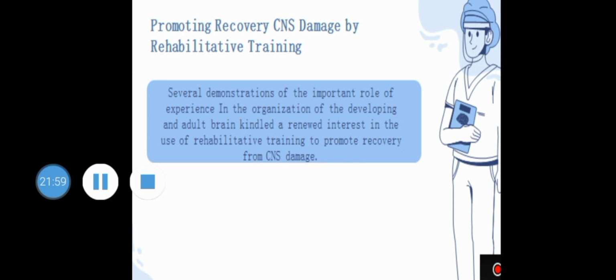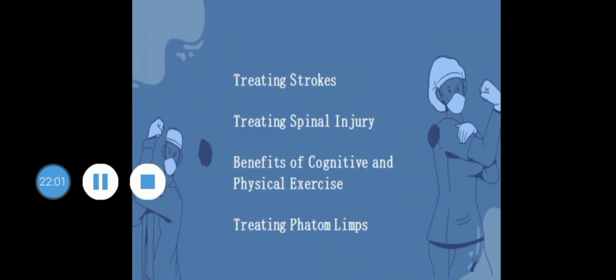First, we have treating strokes. For example, an individual with an ischemic stroke is treated by the doctor with medicines such as blood thinners, as well as surgery to remove the clot.